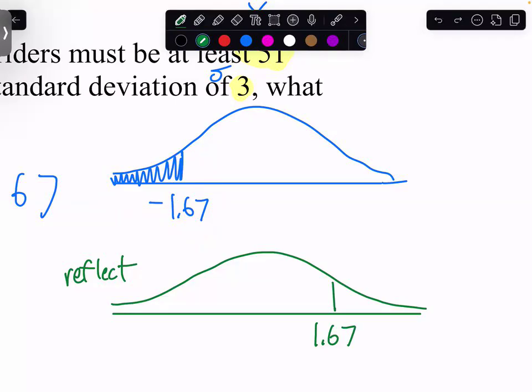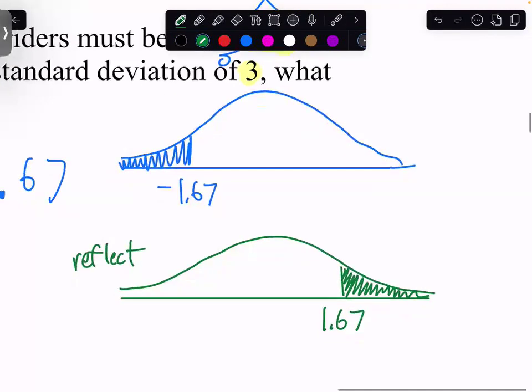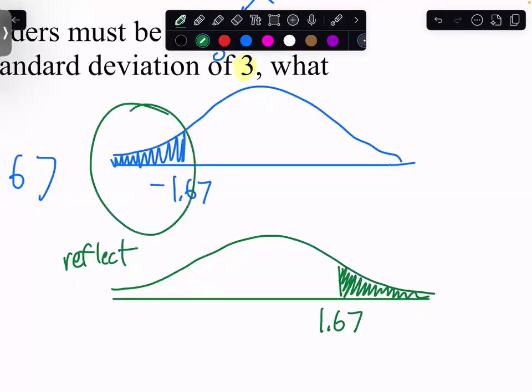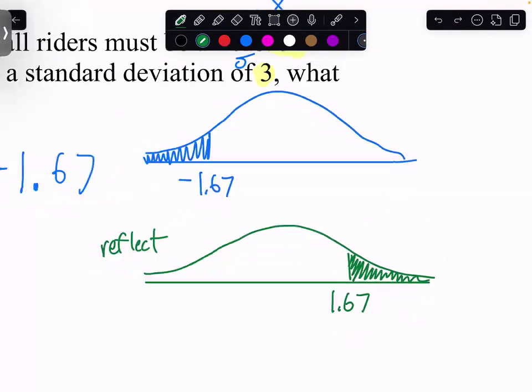It's no longer the area to the left because when you flip it over, now it's the area to the right. So make sure you agree that these are the same area. You just flipped it around, but it's still the same part of the curve.